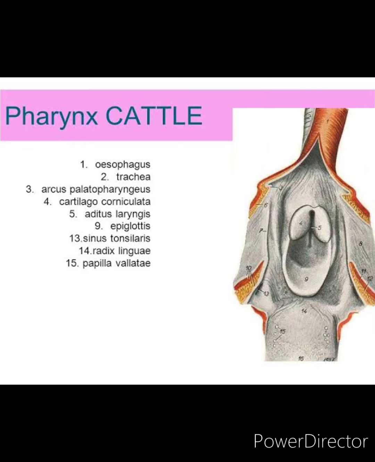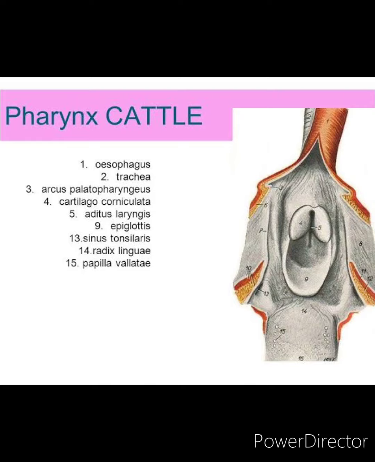For the next, we have the pharynx. The pharynx is the part of the throat behind the mouth and nasal cavity and above the esophagus and trachea, the tube that goes down to the stomach and the lungs.